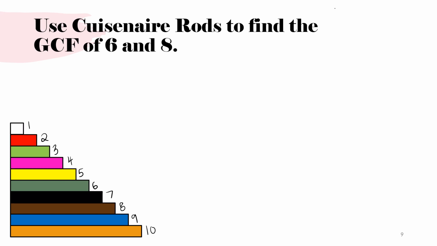All right, so you're going to start by taking your 6 rod and pulling it out. Now, your goal here is to make what we call one color trains.